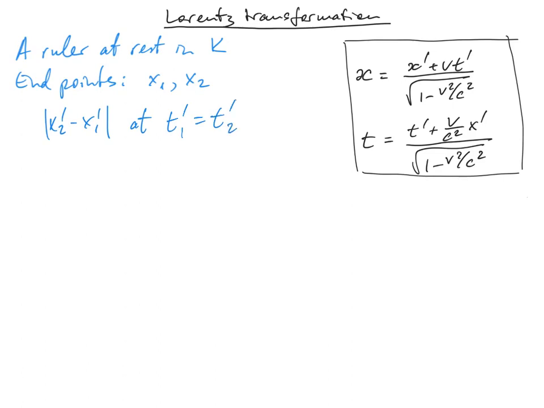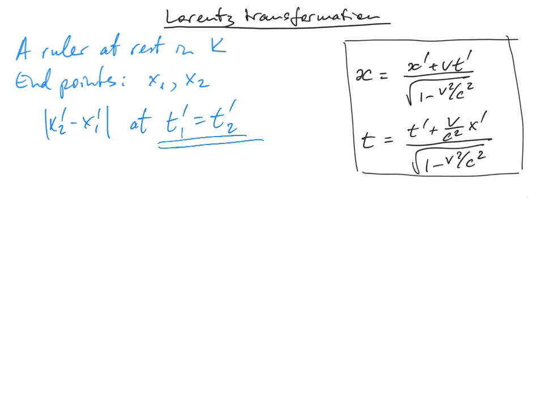Okay? So in other words, we perform a simultaneous measurement of the coordinates of the two ends of the ruler in reference frame k prime. That's what by definition is the length of a moving ruler. Simultaneous observation of the two ends.